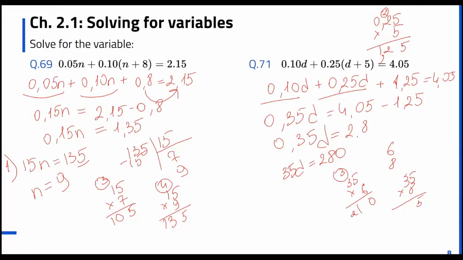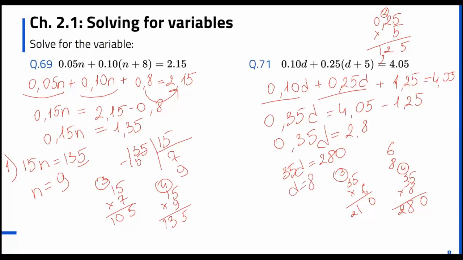Let's try 8. 40. 8 multiplied by 3, 24, plus 4. Yes, 24 plus 4, 280. Exactly what we need. So d equals 8.